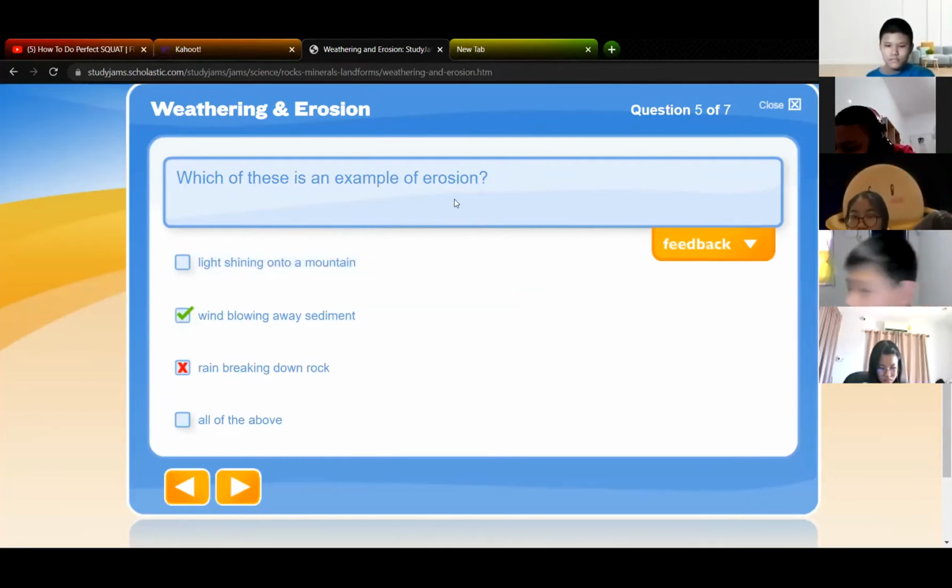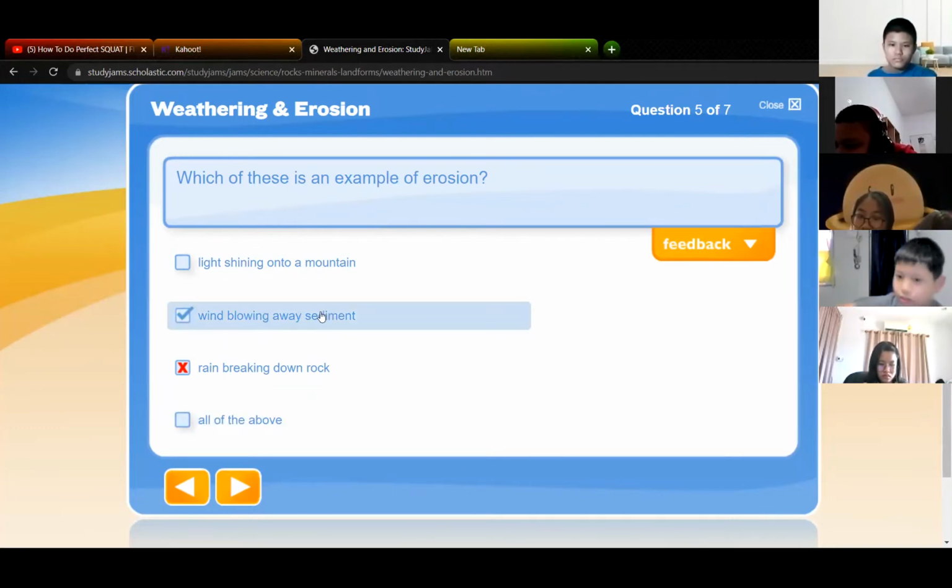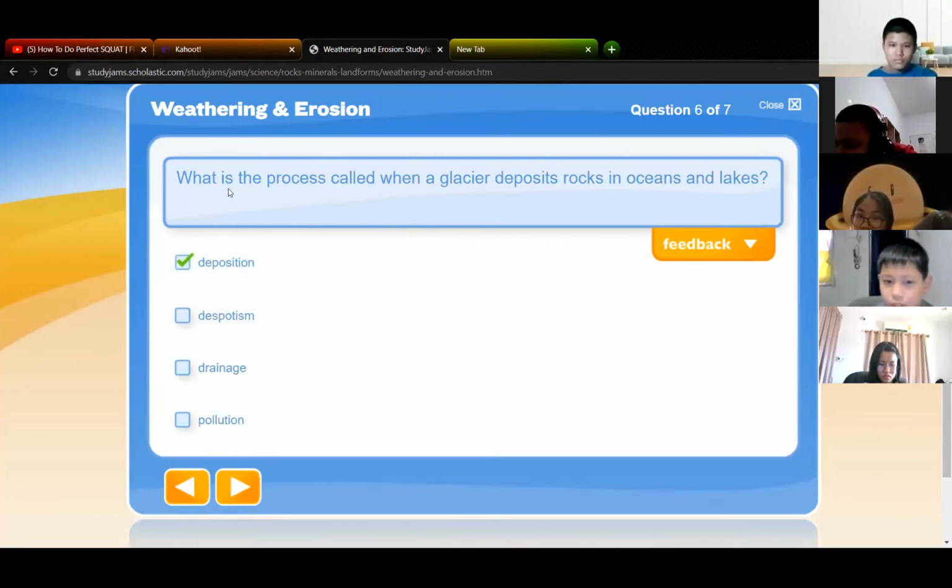Which of these is an example of erosion? So again here, wind, there's like a movement, no? Wind blowing away sediments. That is erosion, because there's movement. The wind will move the sediments. All right. And here, since there is the word deposition, who answered this one?